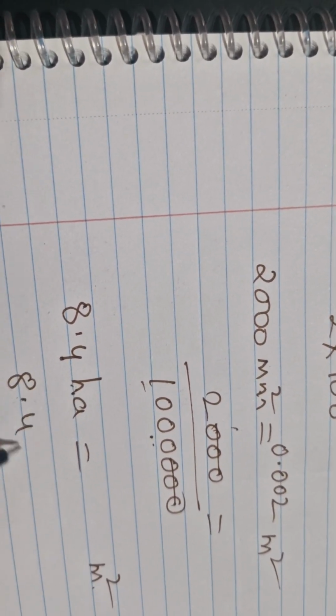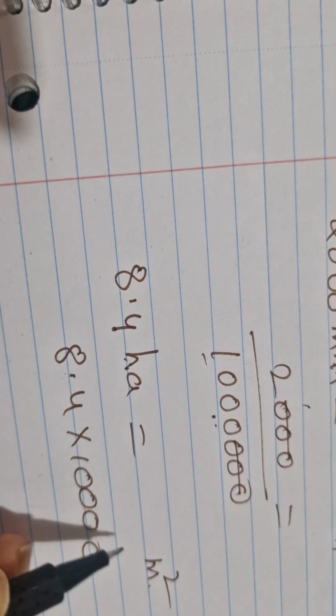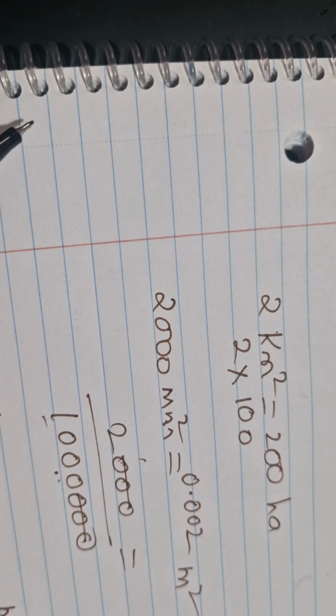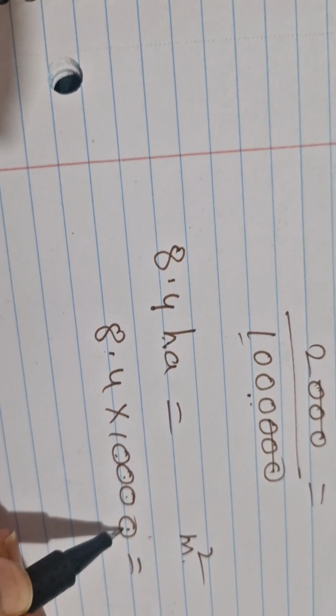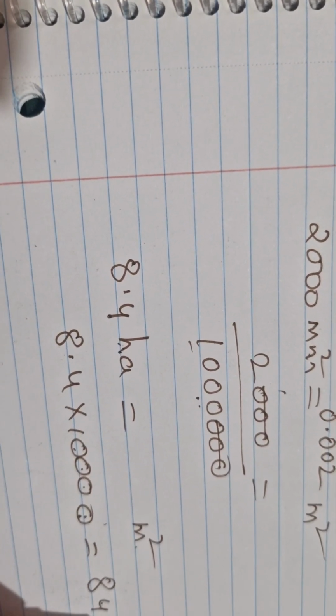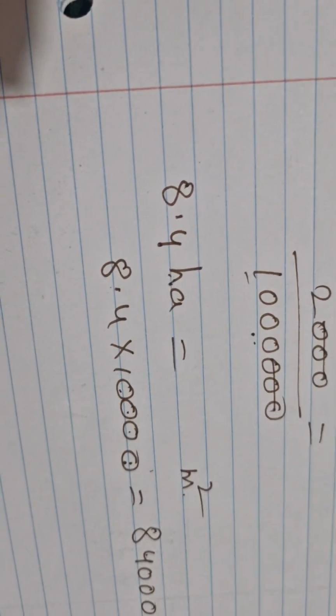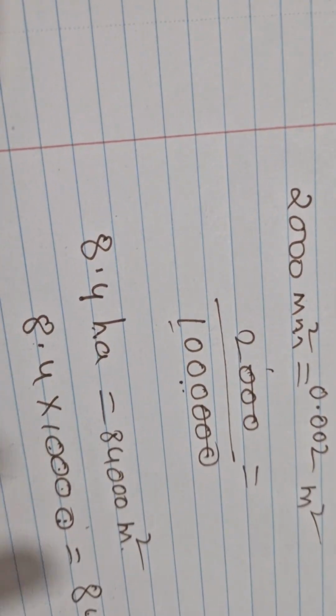You will multiply with 10,000. When we are multiplying with 10,000, the decimal moves towards the right. If you are dividing, the decimal moves towards the left. So you will multiply and the decimal will go how many times? 1, 2, 3, 4. 4 times towards the right. So write 1, 2, 3, 4. So that is your answer, 84,000 meters square.